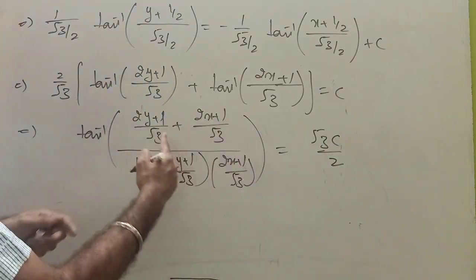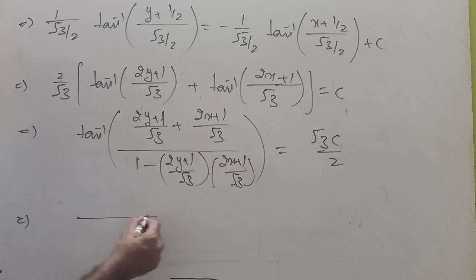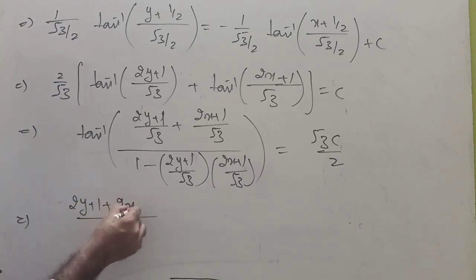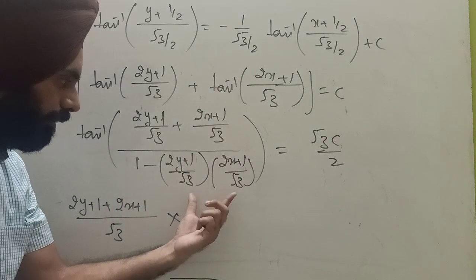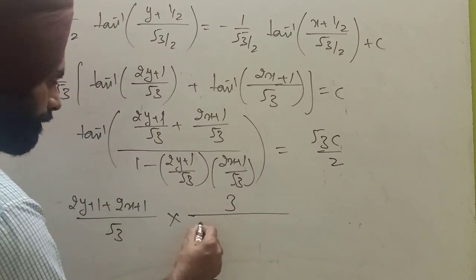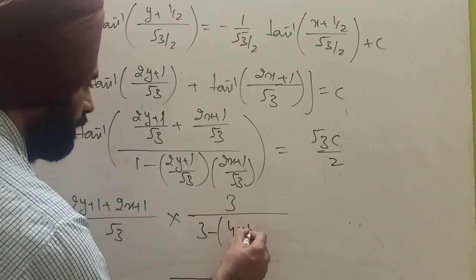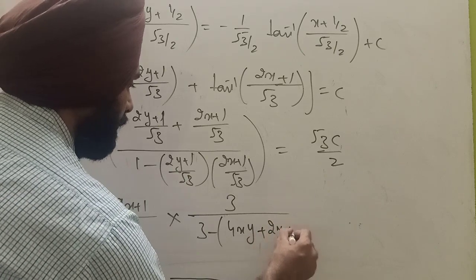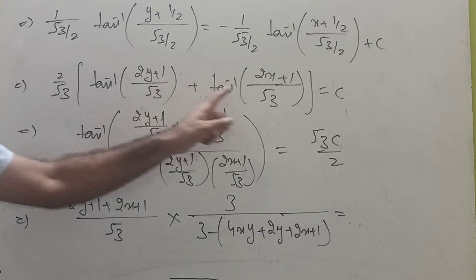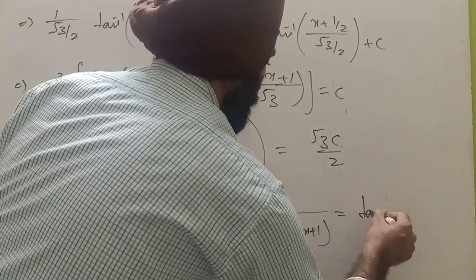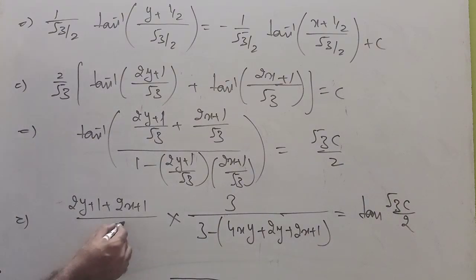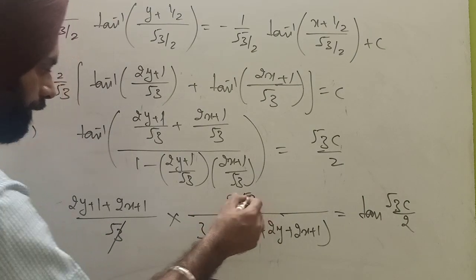Then after solving this, take root 3 LCM, and there is (2y plus 1 plus 2x plus 1) into, and the denominator LCM is 3 over 3 minus, open the bracket, (4xy plus 2y plus 2x plus 1). And this tan inverse can be shifted to the right hand side, tan of root 3c by 2. Then cancel out, there is root 3.